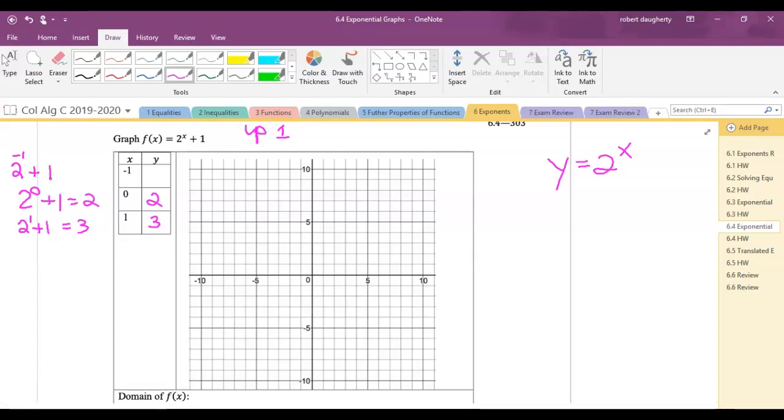What is 1/2 plus 1? 1.5. Okay. So it looks like I've got the points (0, 2), (1, 3), and (negative 1, 1.5). Just from those 3 points, you can see what's happening. This thing is going to be going up to the right here, and it looks like it's going to be doing this.